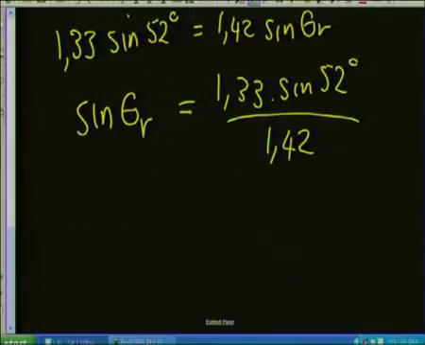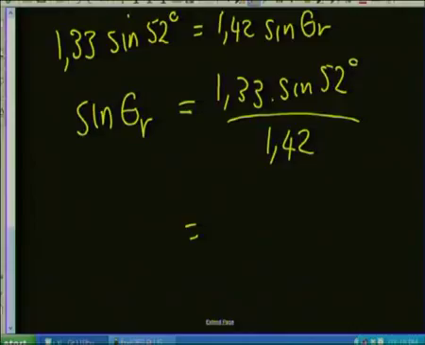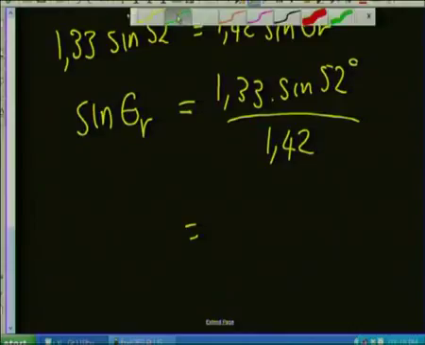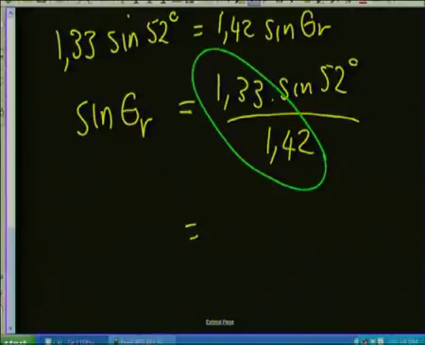Now, I hope you can see something here without even going further on the calculator: the ratio of these numbers is going to be smaller than 1. 1,33 divided by 1,42 is going to give you a fraction.